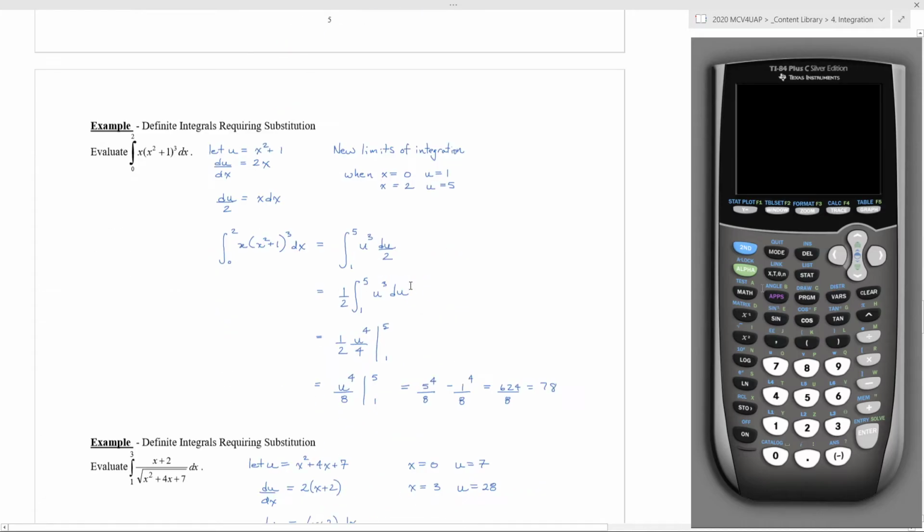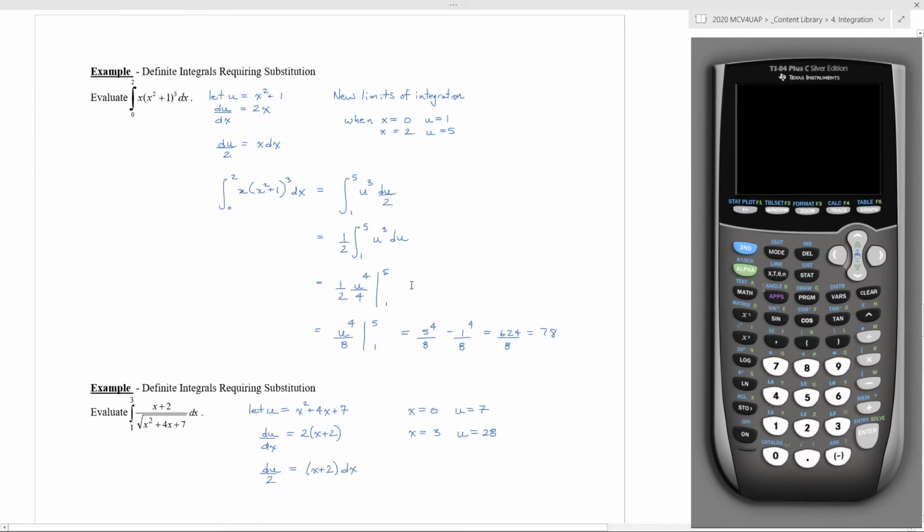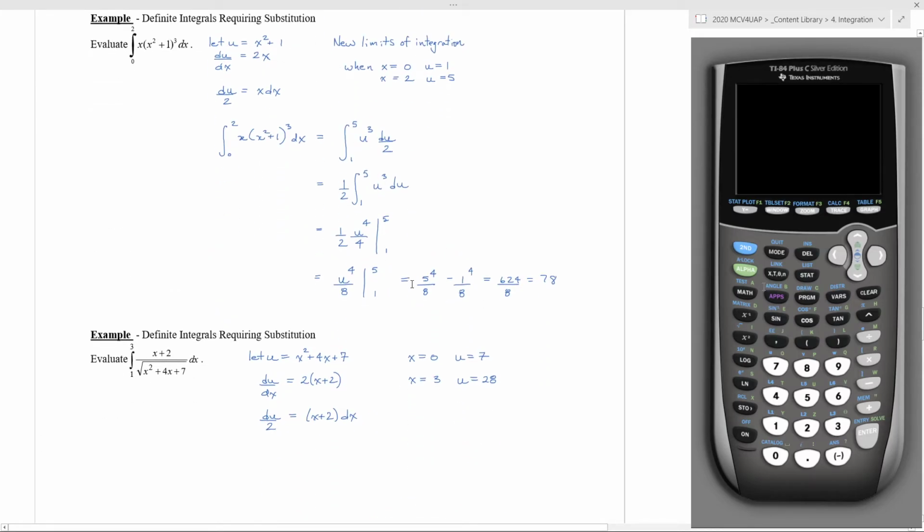Okay, one more example with an integral requiring substitution, but it's the same, actually 2 more here. It's the same idea. Okay, for the first one, let u equal x squared plus 1. The derivative of that is 2x. So I can substitute x dx with du over 2.